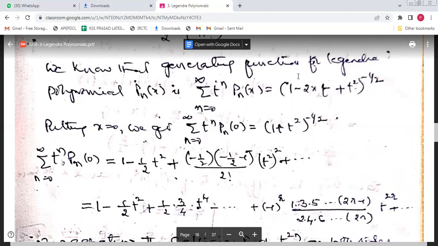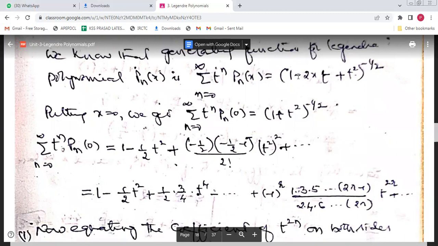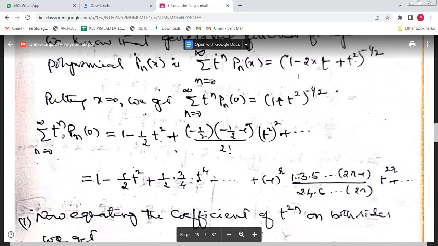And we can easily see that alternatively we are getting plus minus plus minus. So we get (-1) whole to the power of r times 1 into 3 into 5 etc. (2r - 1) divided by 2 into 4 into 6 etc. 2r times t to the power of 2r.